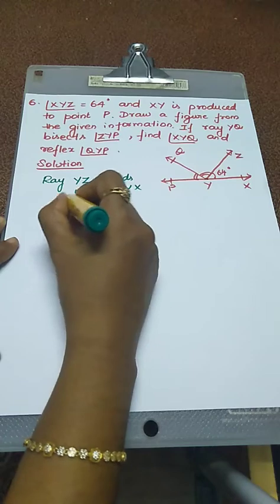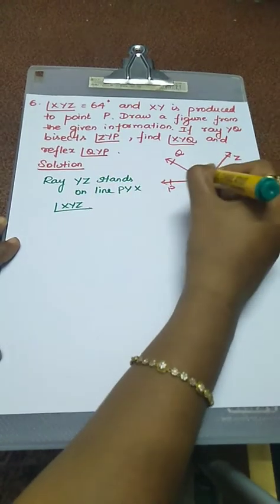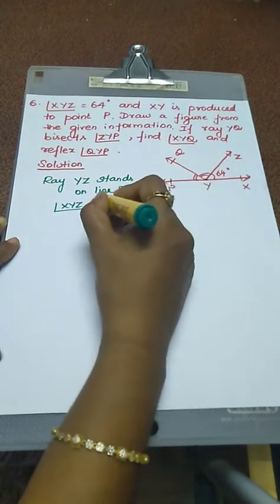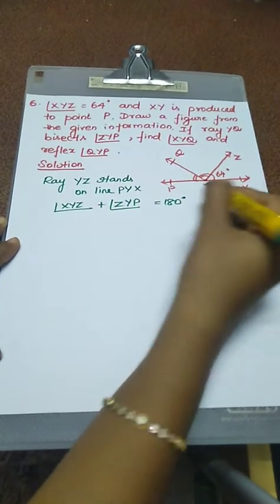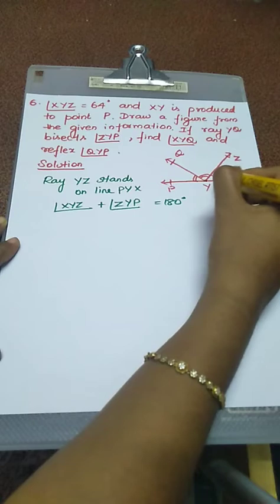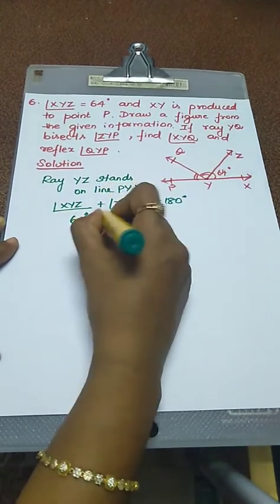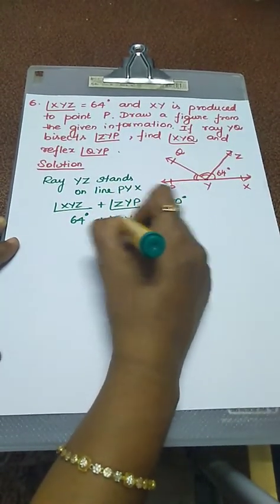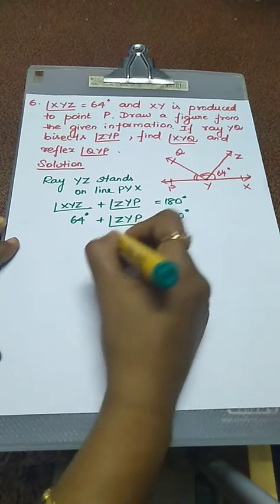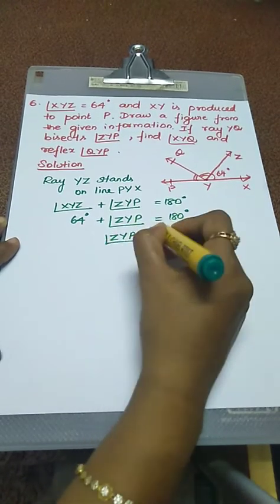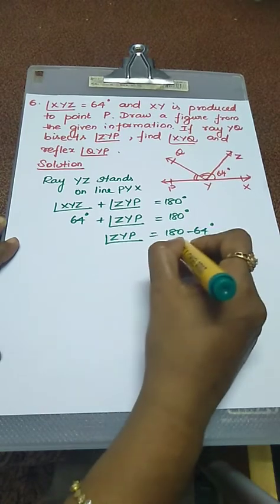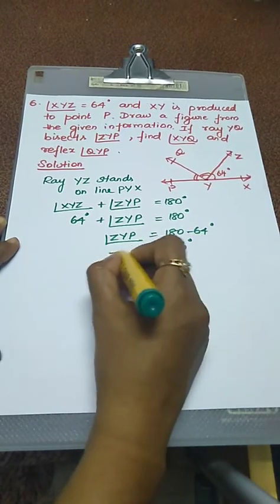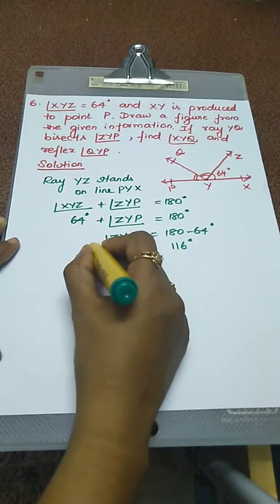So we have to write angle XYZ, this angle, plus the whole angle ZYP is equal to 180 degree. One angle is given, no, that is the XYZ value, 64 degree, plus ZYP is equal to 180 degree. So what is the ZYP value? That is 180 minus 64. What is that answer? That is 116 degree. ZYP value. Okay.